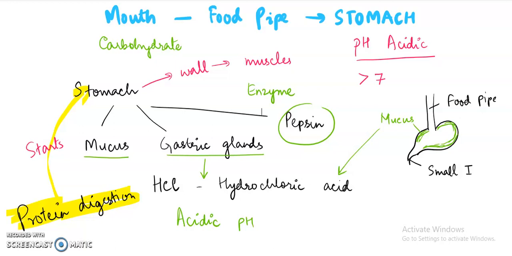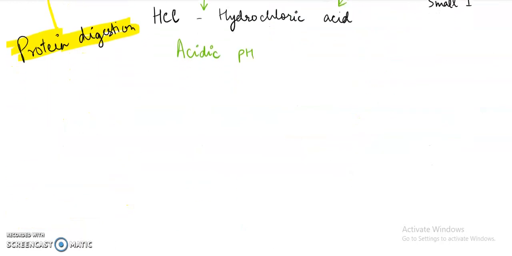Why is the pH maintained acidic? Because pepsin requires acidic pH. Until the pH is acidic, protein digestion is not going to happen. So pepsin requires acidic pH and acidic pH helps in protein digestion, right?